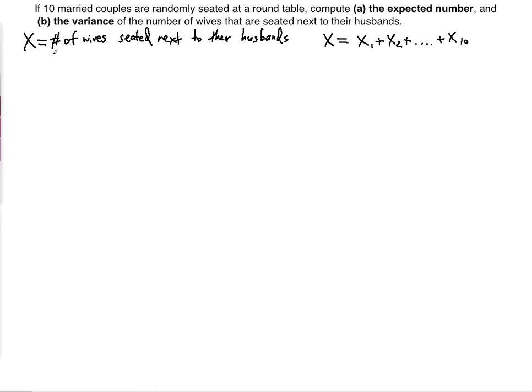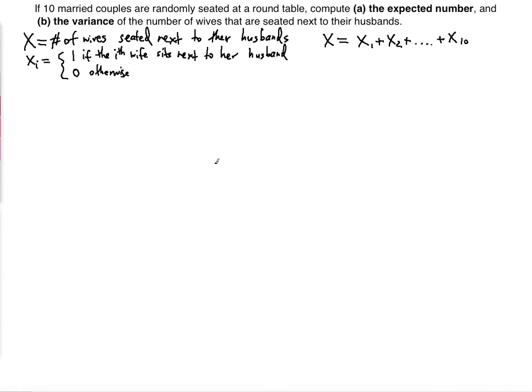So for this reason, you're going to let Xi be equal to either 1 or 0. 1 if the ith wife sits next to her husband, and 0 otherwise. Okay?